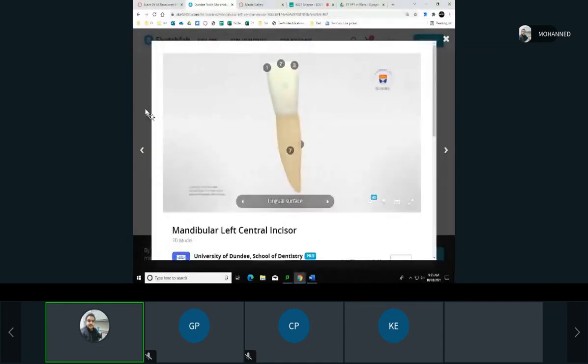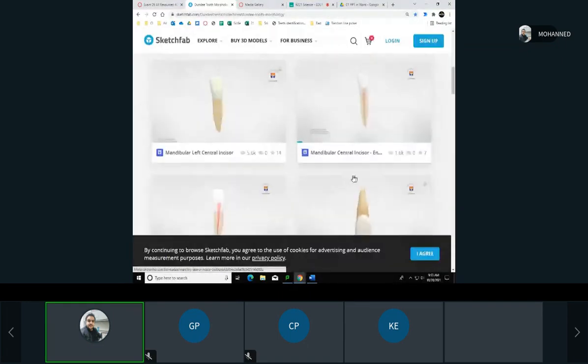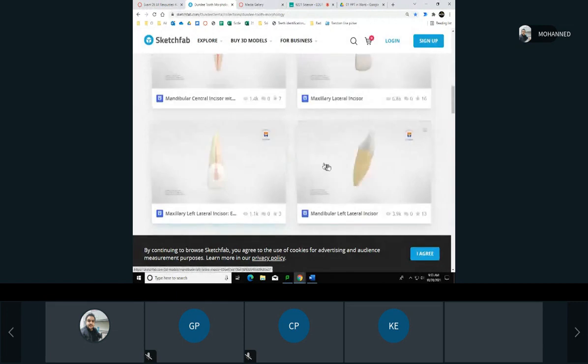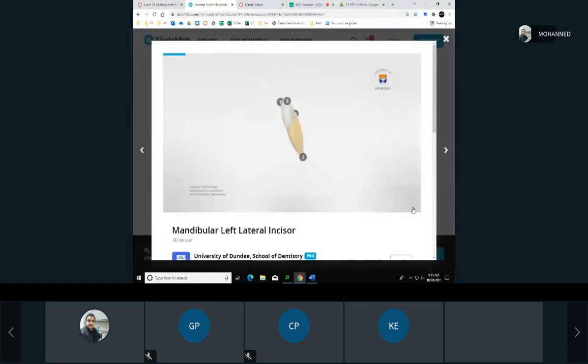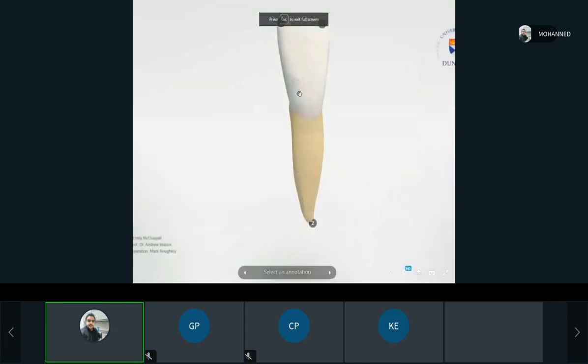Let's take a look at the lateral incisor before we fill these up. So the mandibular lateral incisor, okay? Do you think it's bigger or smaller than the central one?